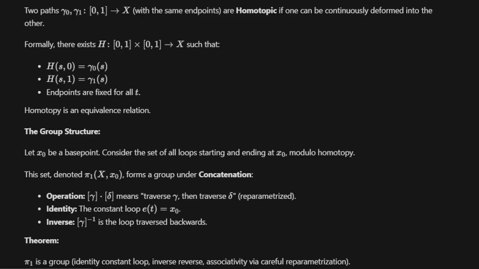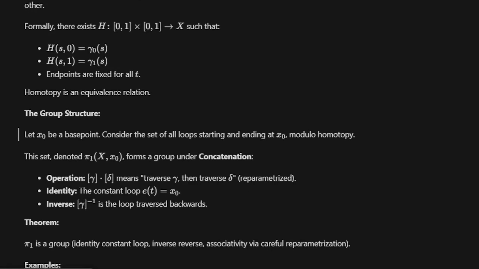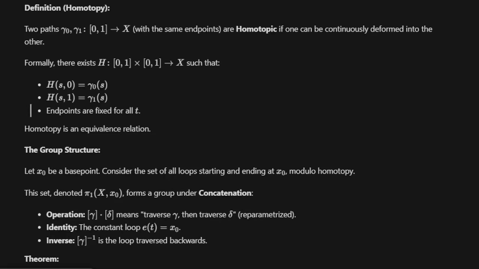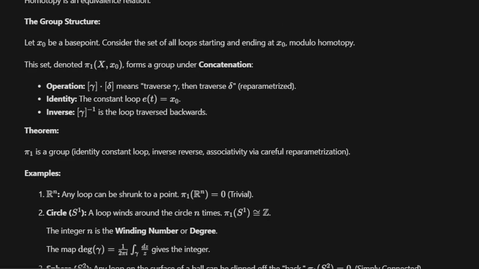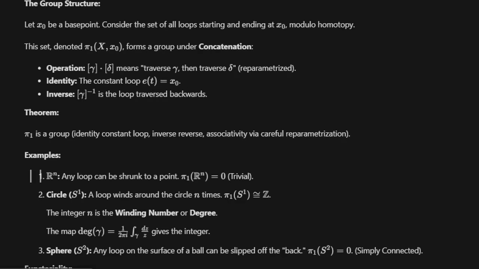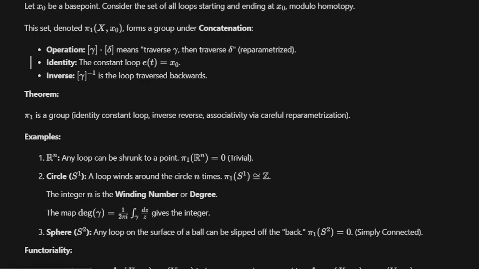After defining these lasso parameters, we're going to pick a base point. Consider the set of all loops starting from and ending at x naught. We say two loops are equivalent, or homotopic, if we can continuously deform one loop into the other loop without breaking it. So on a sphere, you can take any loop and shrink it down to a single point.